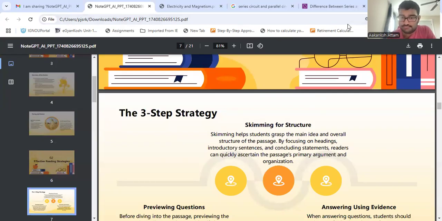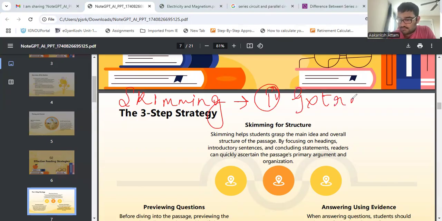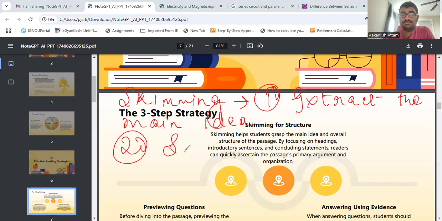Skimming helps you to extract the main idea and the structure of the passage.